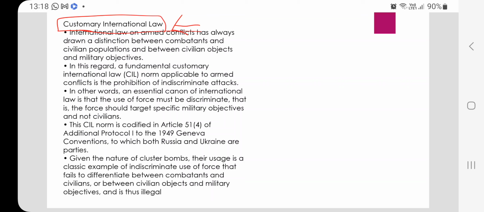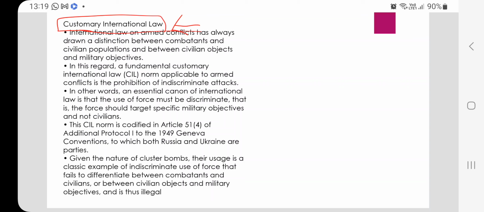There are two specific provisions the writer is highlighting. The prohibition of cluster bombs gets covered as a part of customary international law and thereby becomes a legal international obligation for every country, irrespective of whether they have signed the convention or not.